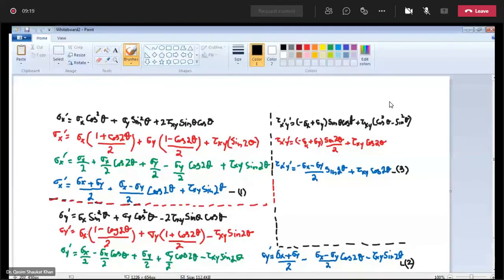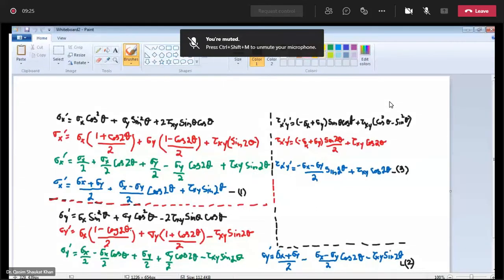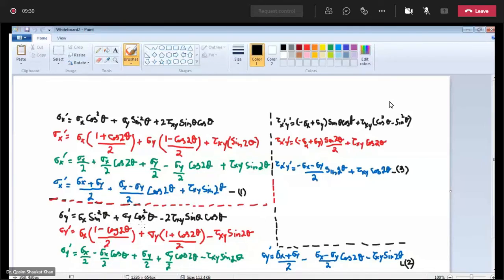We are going to replace sin square theta with the identity 1 minus cos 2 theta over 2, plus sigma y cos square theta, which we replace with the identity 1 plus cos 2 theta over 2, minus 2 tau xy sin theta cos theta, which is basically the identity sin 2 theta. So afterwards we will just rearrange the elements.